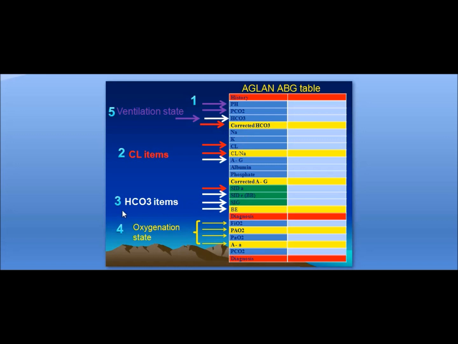Number 3, bicarbonate items, serum bicarbonate, anion gap, buffer base, strong ion gap, base excess. Number 4, oxygenation state of the lung, FiO2, PaO2, partial pressure of arterial oxygen, and alveolar arterial gradient. Number 5, ventilation state, the partial pressure of carbon dioxide and its relation to the pH and bicarbonate.